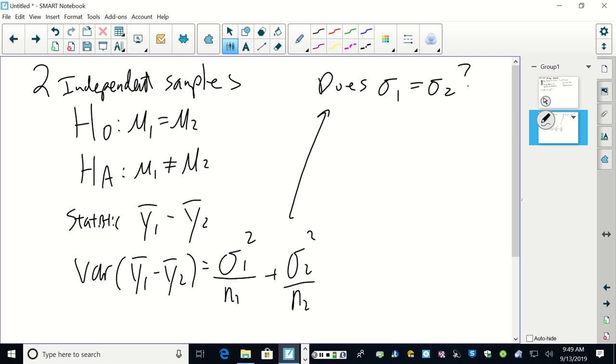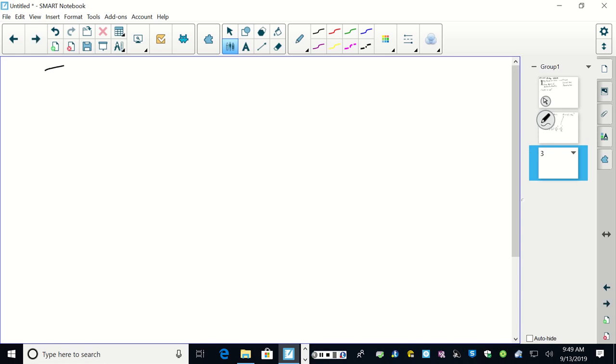But if it's not reasonable, then you might want to look at the unequal variance test or the Wilcoxon or some alternatives. So how do we go about testing that? We want to test the null hypothesis that sigma 1 equals sigma 2. You can do this in terms of variances or standard deviations. It's the same hypothesis.